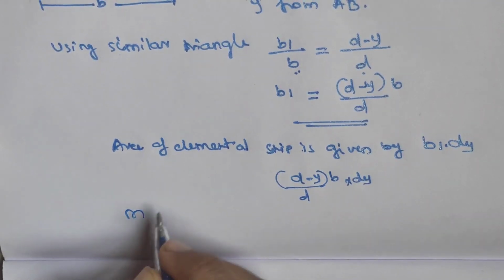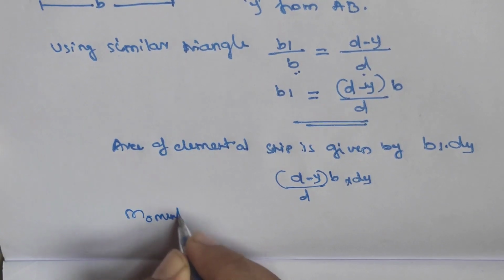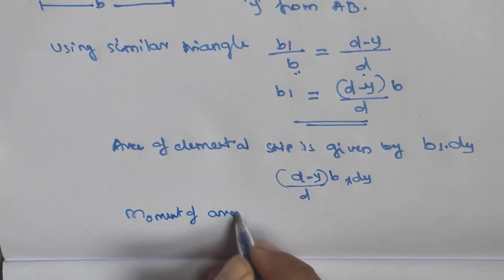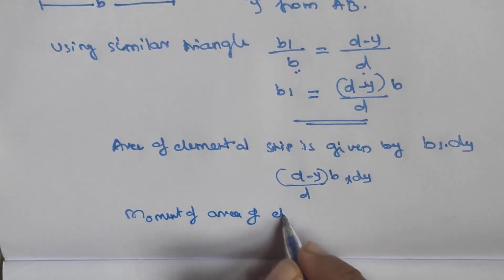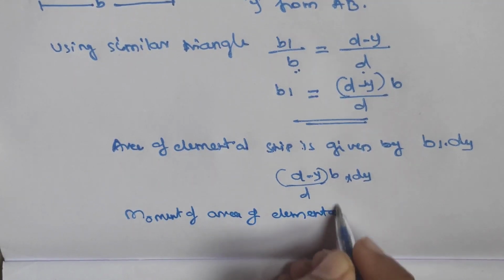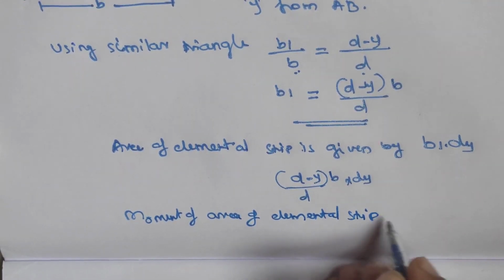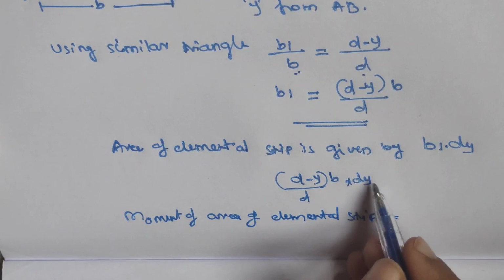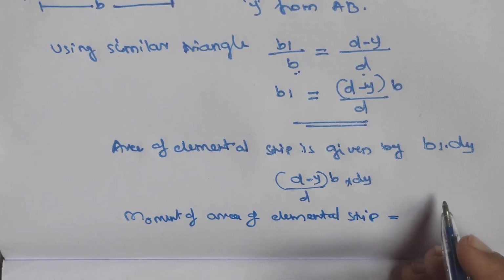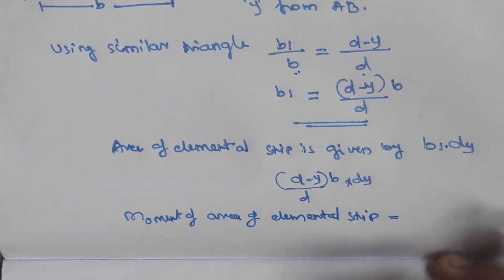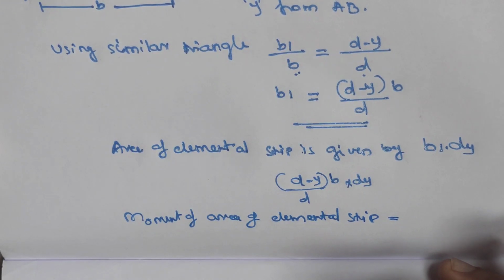So, moment of area of the elemental strip is nothing but area multiplied by perpendicular distance. In this figure we know that the elemental strip is located at y distance from the base AB.